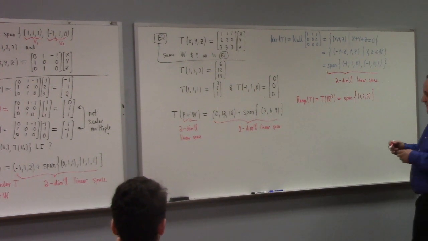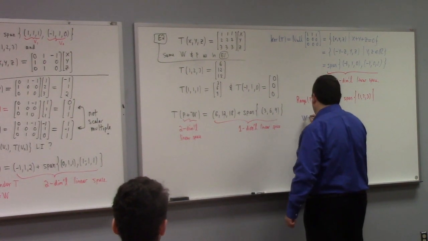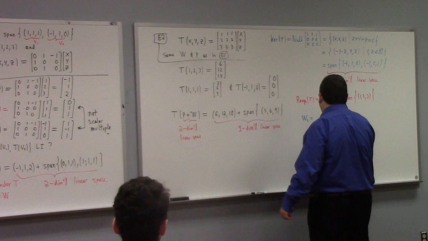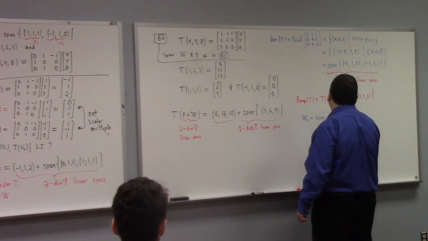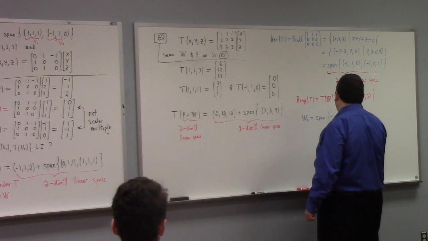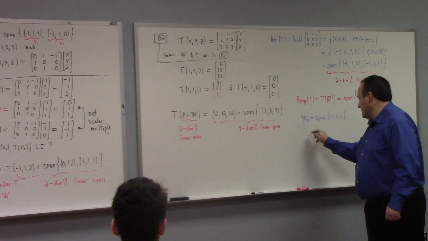As a follow-up example here, if I was to say, look at W2 equal to, oh, I don't know, say the span of minus 1, 0, 1, what would have happened? What would be T of W2 in that case?